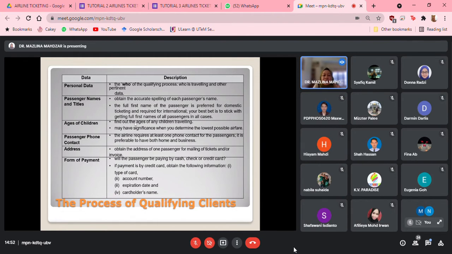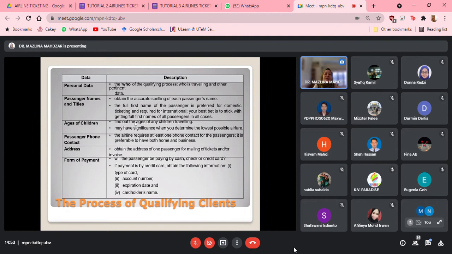Usually when entering phone numbers in the system, you must enter two numbers for your customer. It can be the person's phone number, business number, house number, or the secretary's number and so on. But there must be two. If one of them fails, there's an alternative number you can contact if there are any changes relating to the booking you have created.